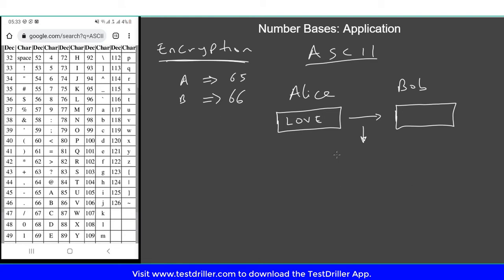How can you secure it using the number base concept? One way is to scramble this love in a way that doesn't make sense and then transmit it to Bob, so that whoever reads it will read nonsense and will not be able to understand what you've sent. So how can we do this using number base?